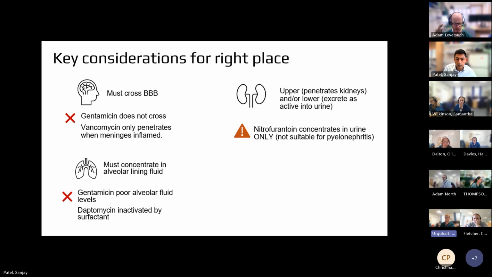So if you're treating a chest infection with daptomycin, you're not really going to achieve any sort of therapeutic levels, which is why for chest infections we use beta-lactams more, certainly our favorite beta-lactams, like amoxicillin, piptaz, benzylpenicillin. A lot of the penicillins do get into the chest very well.